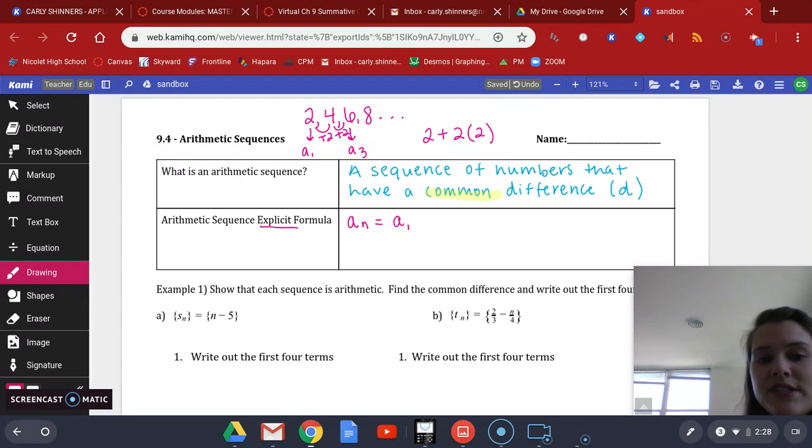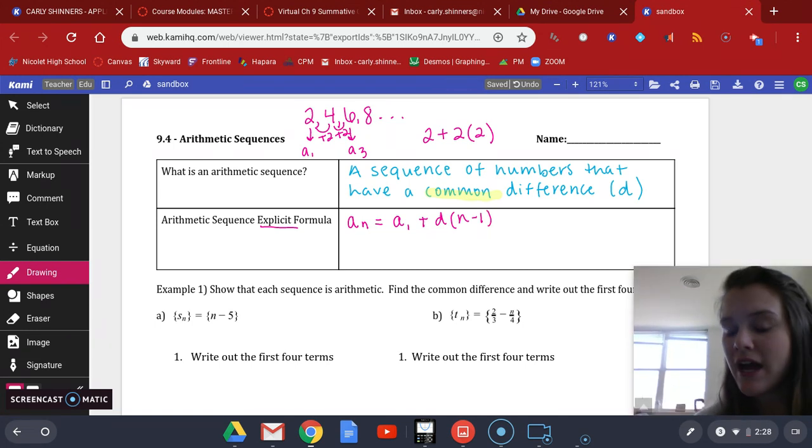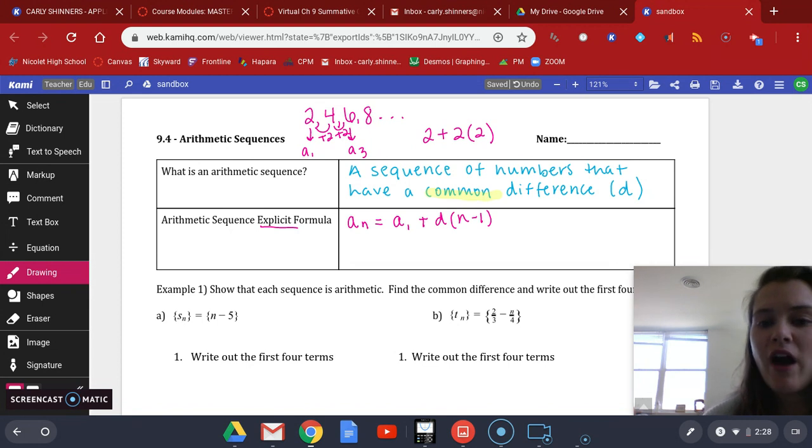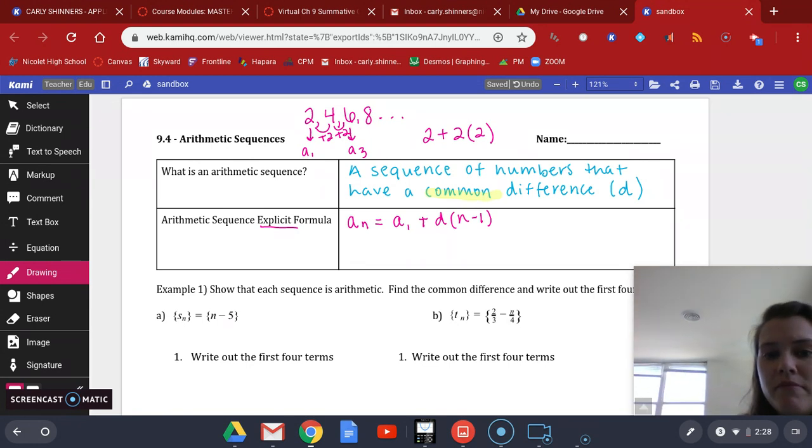So really what I'm doing is I'm taking my first term and I'm adding on that common difference, just 1 less than the end term. So if I want the third term, I add 2 of the common differences on there. So that is the equation. This is the term you want, so this is the value at the nth term.